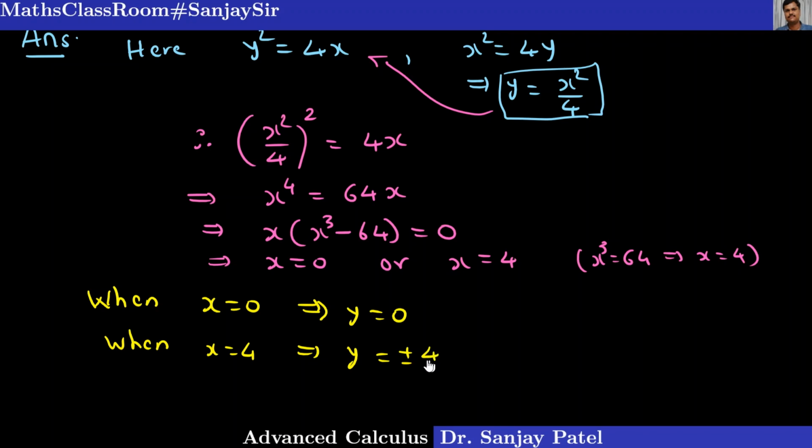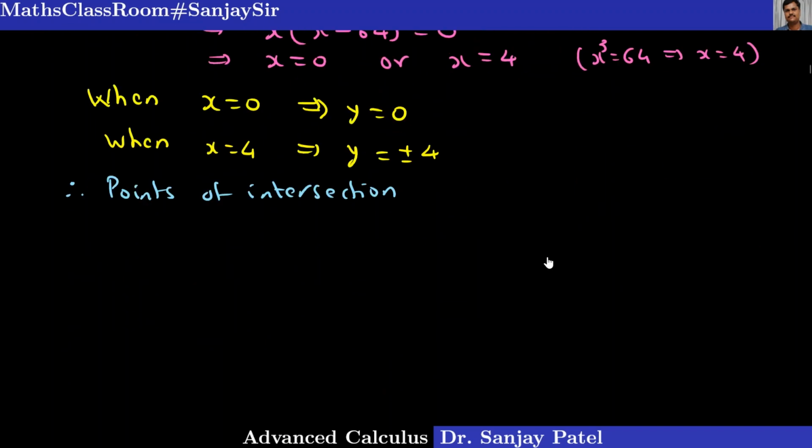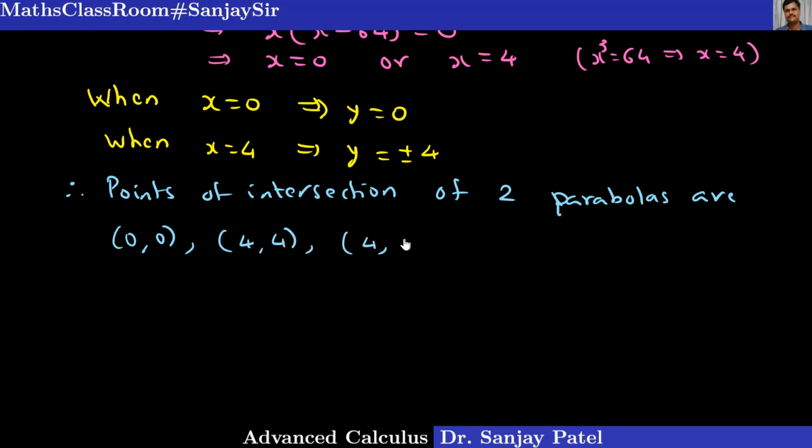Okay. So the possible points of intersection of the two parabolas which are given are when x equal to 0, y equal to 0, x equal to 4, y is equal to 4, and x equal to 4 and y equal to minus 4.